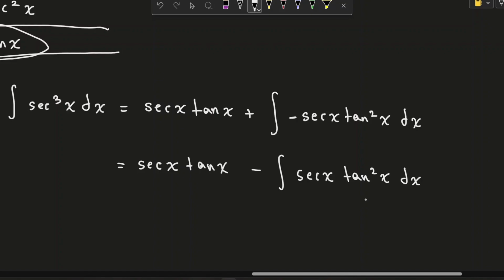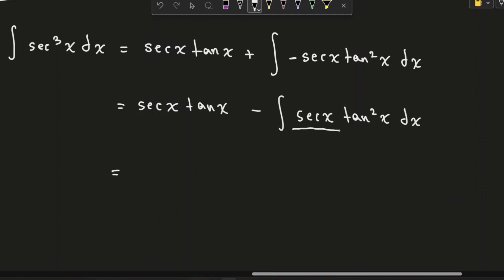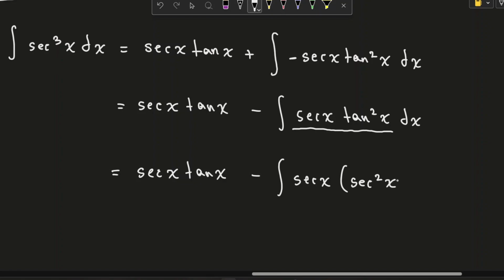Now we have to integrate this. So in order to integrate this, it's possible to integrate this alone, but it's very difficult, so it's not worth it. But what you can do is use a trigonometric identity, where we can write tan square x in the format sec square x minus 1 dx.